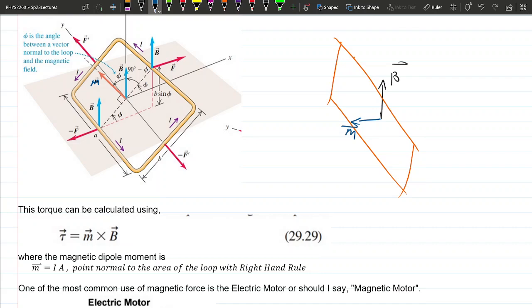B is this way, so it'll create a torque that's going into the board. And the way you figure out if you have a torque going into the board is that if you point your thumb in this direction, it's going to rotate around the curvature of your fingers. So the rotation is going to be clockwise. So all of this depends on your right hand.